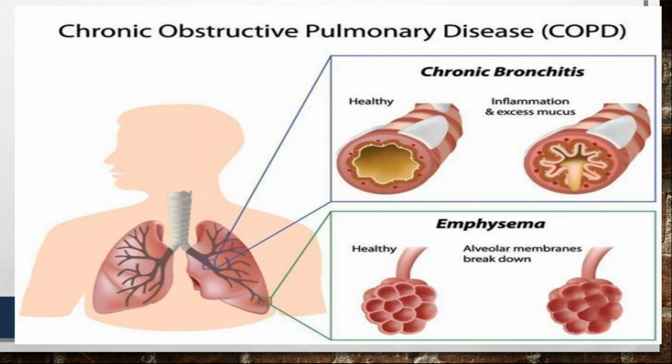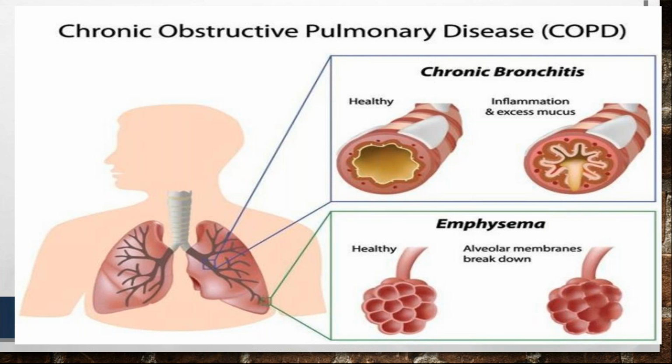So here we can see the difference between that healthy bronchiole, which is nice and wide open, and there's not a bunch of mucus buildup, in comparison to the individual suffering from chronic bronchitis, where they have that bronchiole inflamed, and we can also see that increased mucus production.